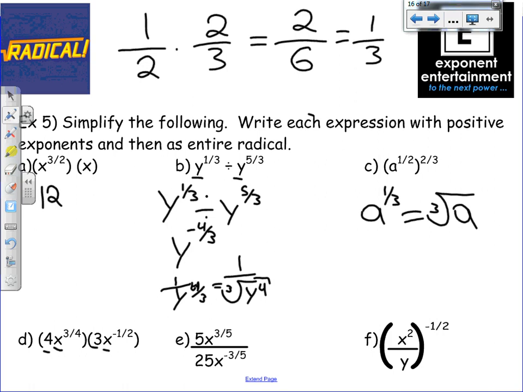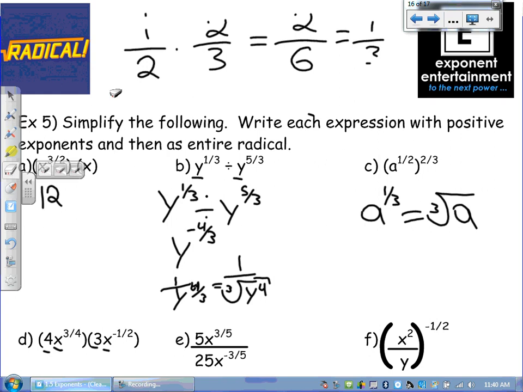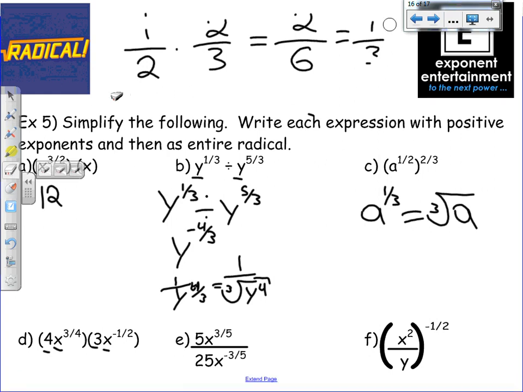We'll do that up here. How do we do that, guys? We have two things the same base multiplied. What do we do to the exponents?